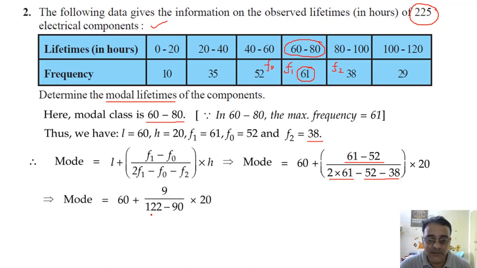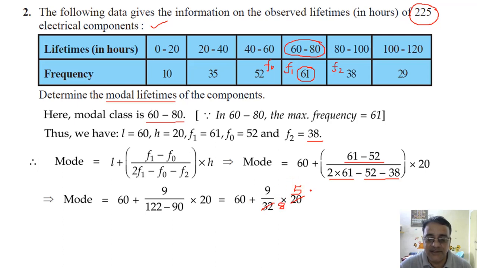So we get 9 upon 32. Now we can cancel it by 4: 45 by 8.